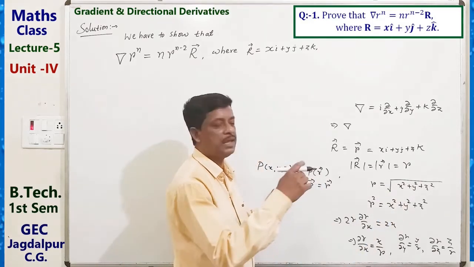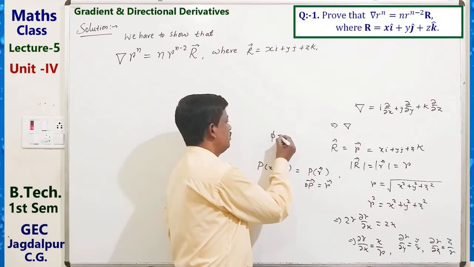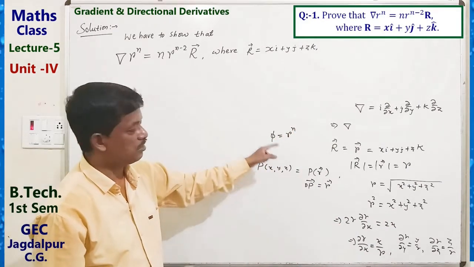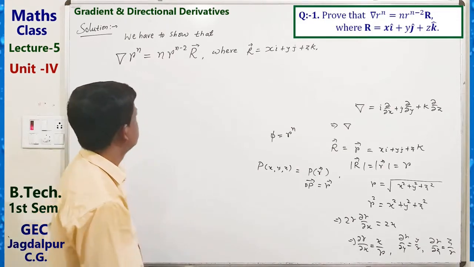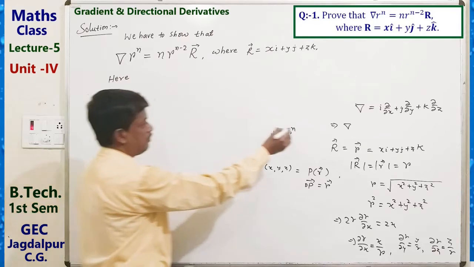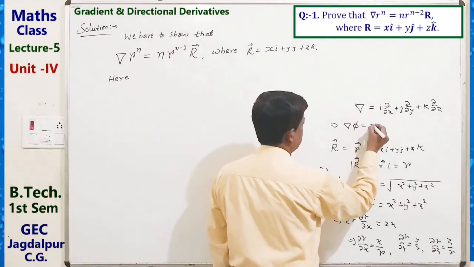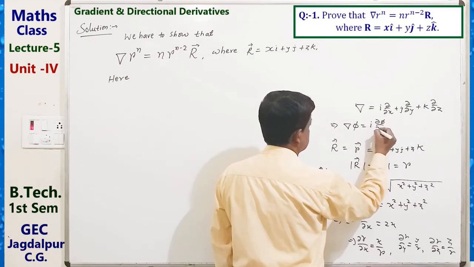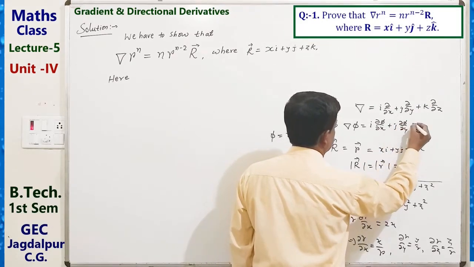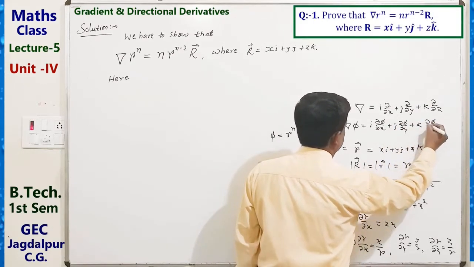In place of phi we can suppose r to the power n. Del phi is i del phi by del x plus j del phi by del y plus k del phi by del z.